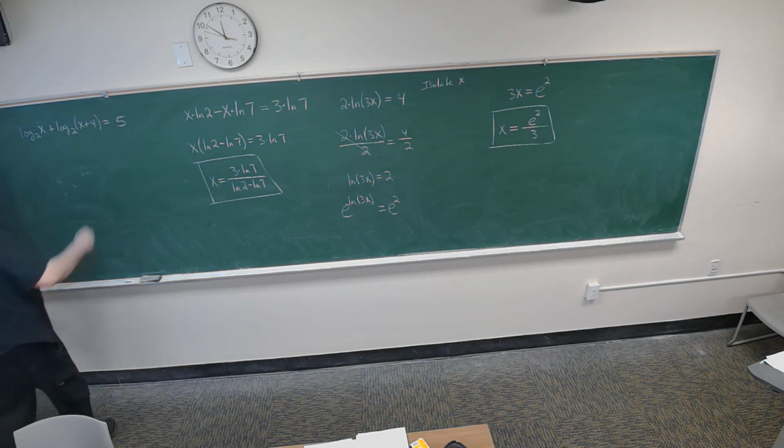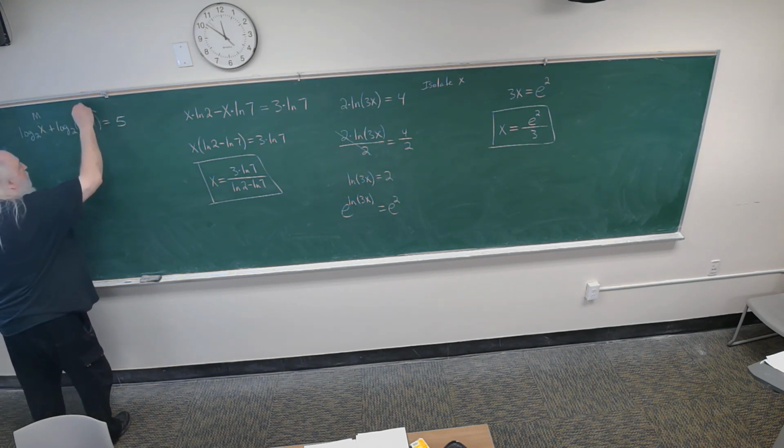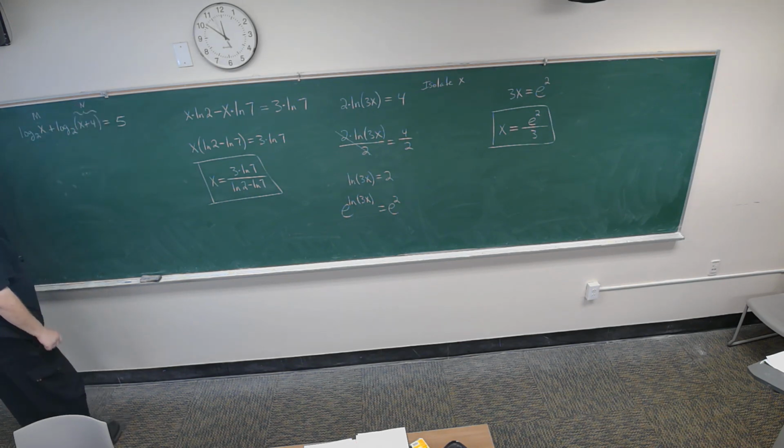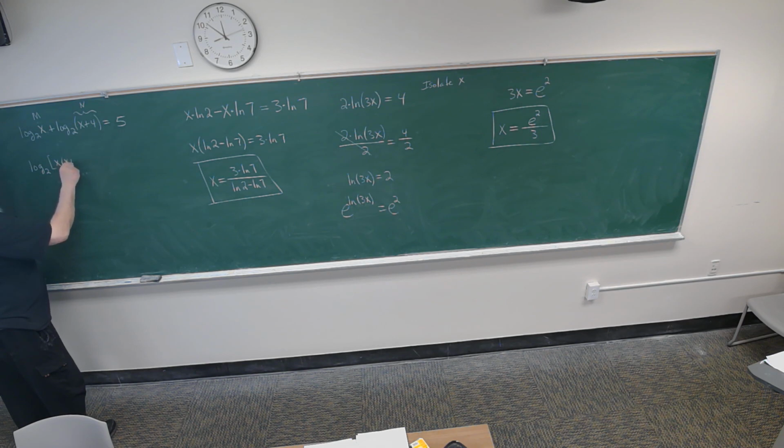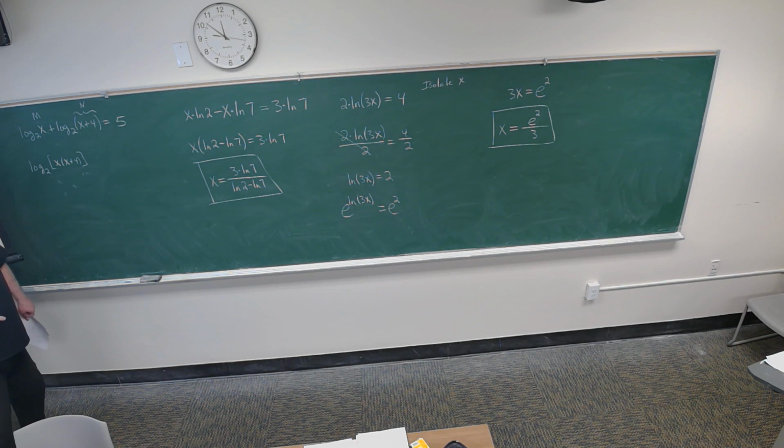So our m in this case is x, and our n in this case is x plus 4, and our base a is 2. So by the product rule, this is equal to log base 2 of x times x plus 4. Now I'm going to put that in brackets, I'm not going to use nested parentheses. Remember, when you use nested parentheses, you've got to have the same number of left-hand parentheses as right-hand, right?